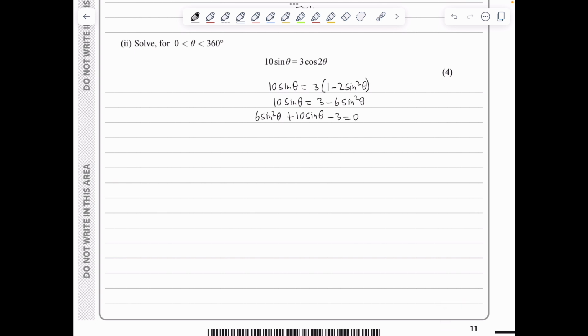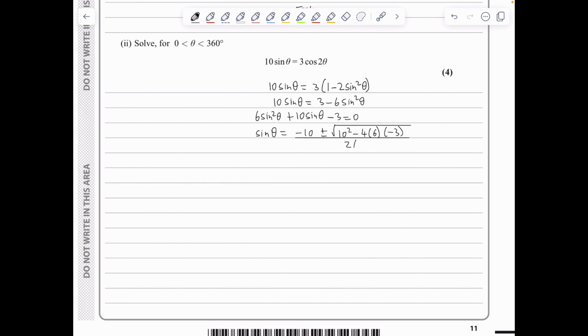I will use the quadratic formula to obtain values for sine theta, and we've got sine theta is equal to negative 10 plus minus the square root of 10 squared minus 4 times 6 times negative 3, divided by 2 times 6.